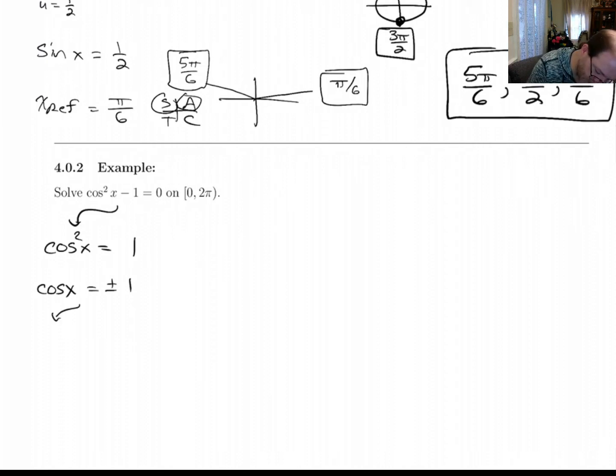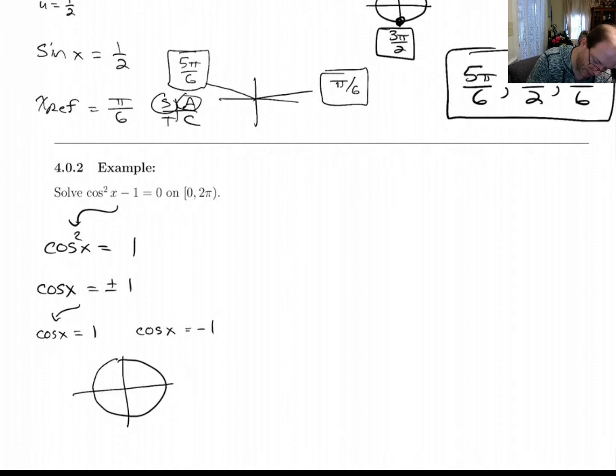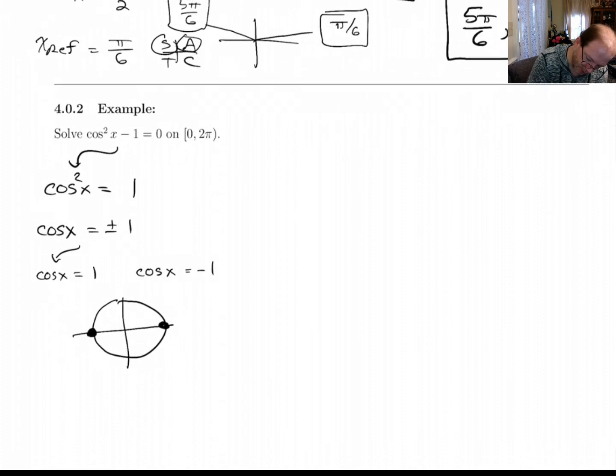This would split into cosine x is 1 and cosine x is negative 1. Remember, cosine is the x-coordinate, so that could be here or here. So that gets me two solutions: x equals 0, x equals pi.